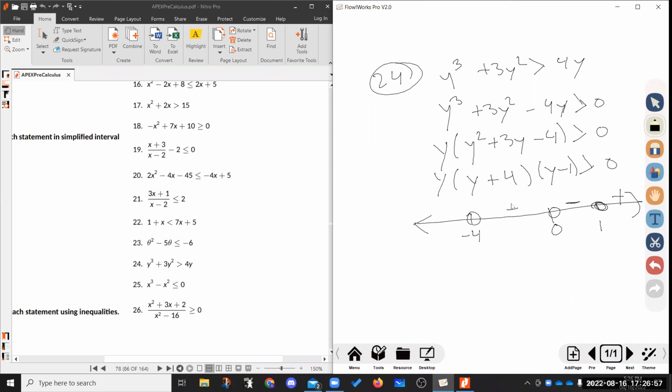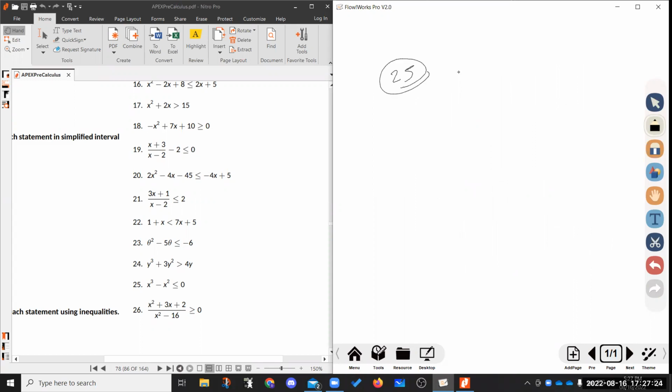Everything's an odd multiplicity, so I'm going to change signs every time that I cross. They've not given me one yet with a repeated root. Now I want only the things that are greater than 0, so the positive areas are greater than 0. That's going to be -4 to 0, union 1 to infinity.